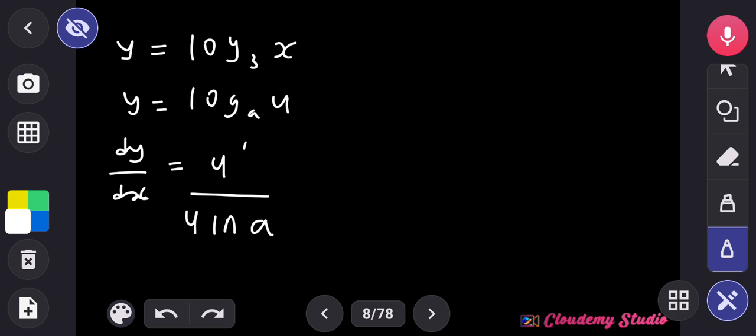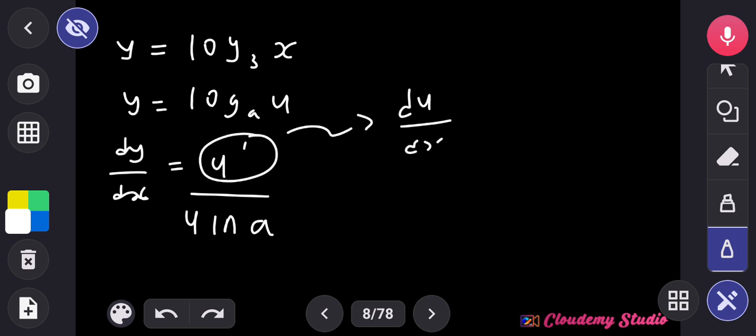Remember I told you, instead of Leibniz's notation, we can use normal notation. If you see y prime or f prime of x, it is the same thing as dy over dx. So u prime is the same thing as the differentiation of u.